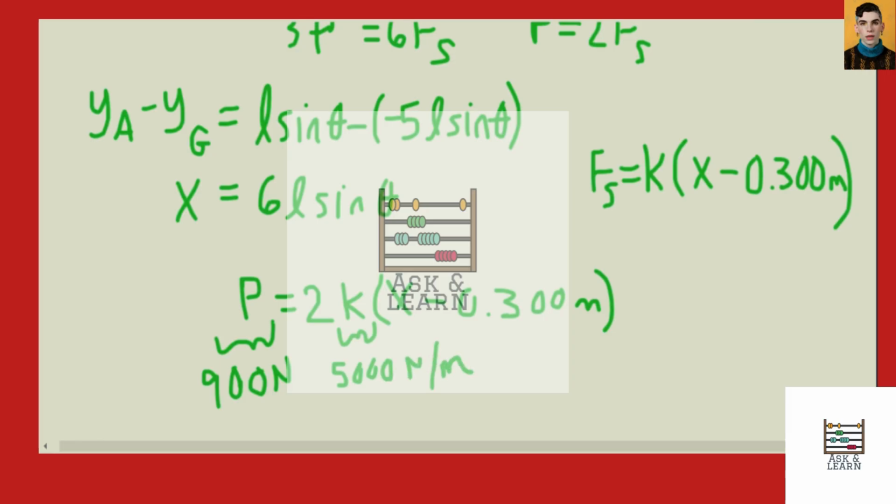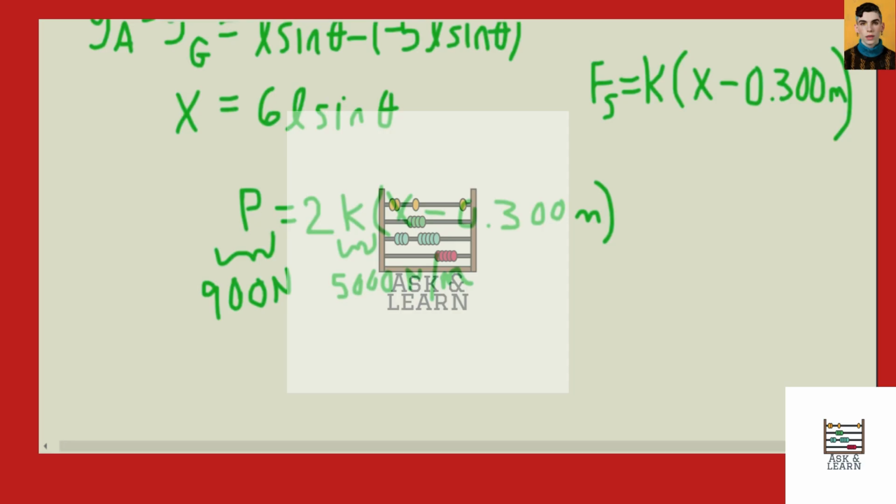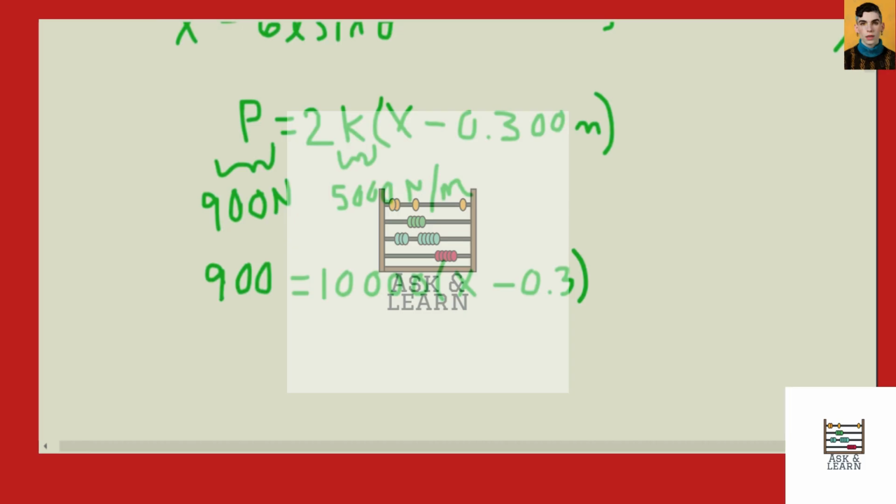And so now we just need to solve that for X. So 900 equals 2 times 5,000, which would be 10,000 times X minus 0.3. Some zeros here. 900 over 10,000 would be 0.09, equals X minus 0.3.